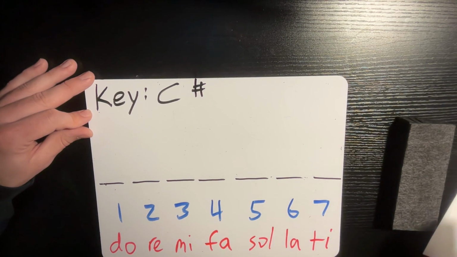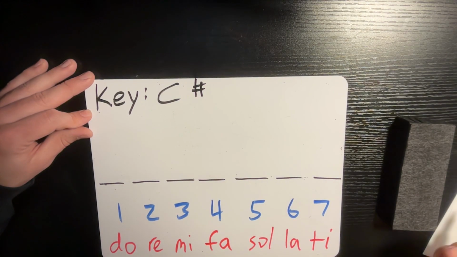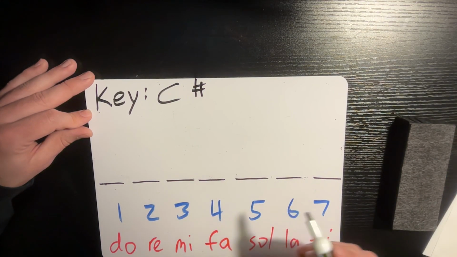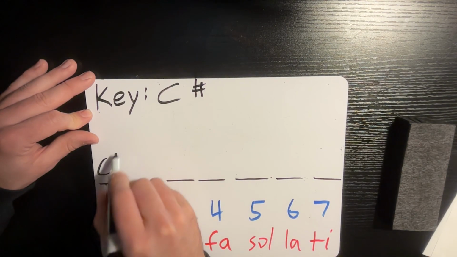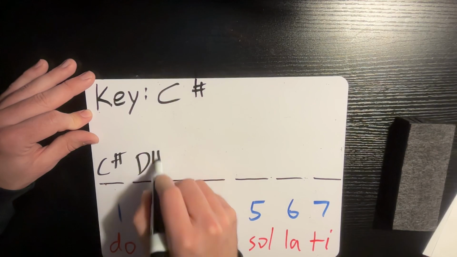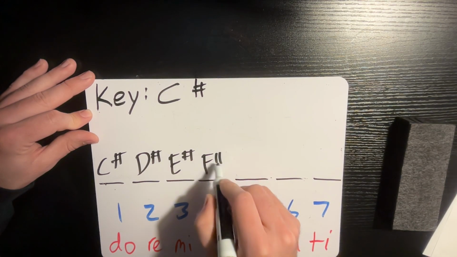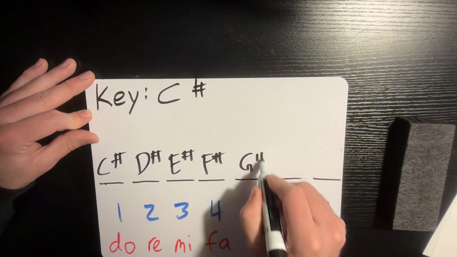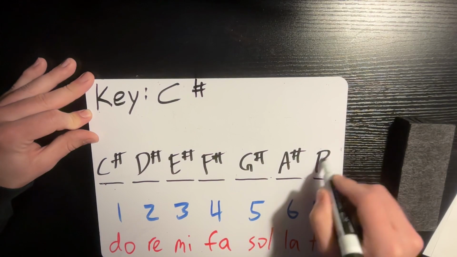In the C major scale, every single note is natural. And in the C sharp major scale, every single note is sharp. So, C sharp, D sharp, E sharp, F sharp, G sharp, A sharp, B sharp.